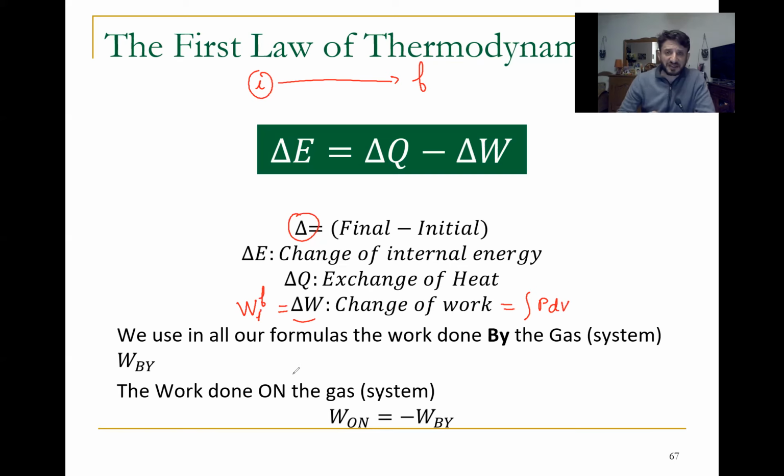Okay, it's the same notation. Also, you can say delta Q, or you can say Q between the initial state and the final state. You can say Q_if also. You can say omega_if between the initial and final state. Also, you can say E_if.